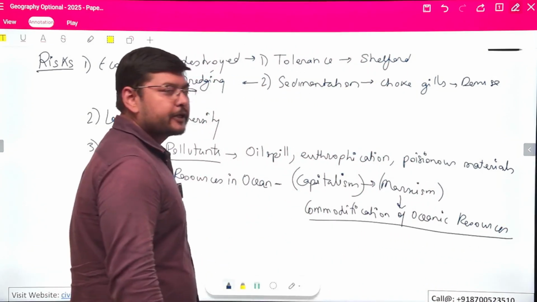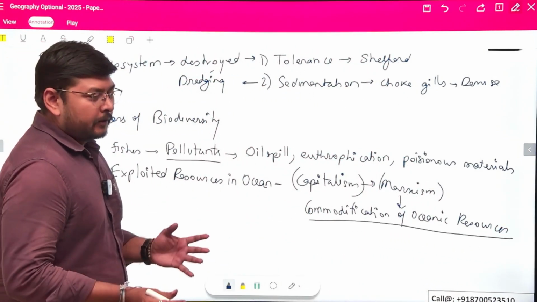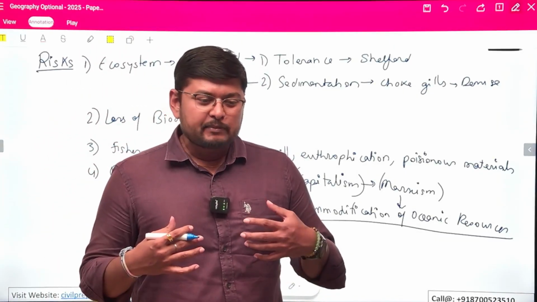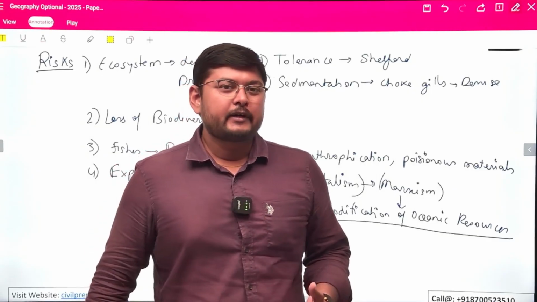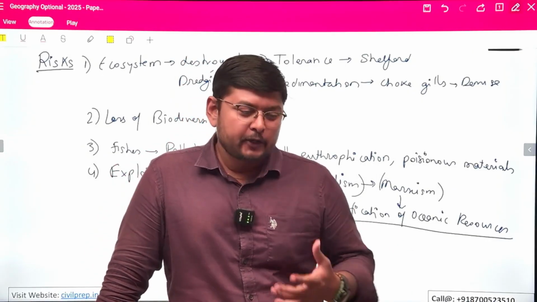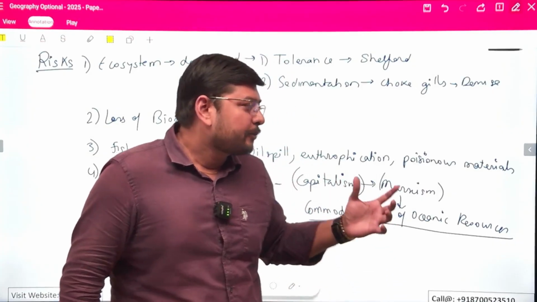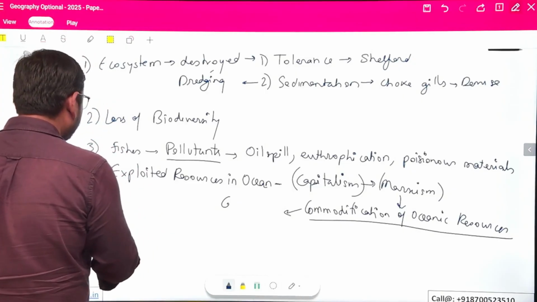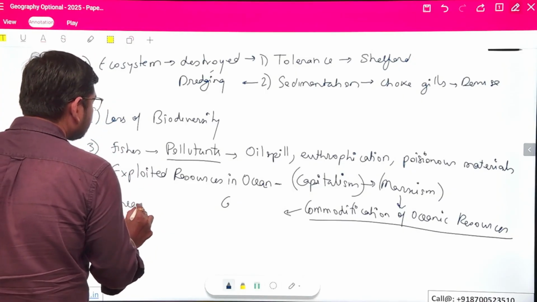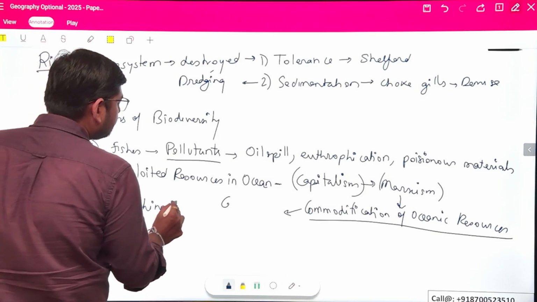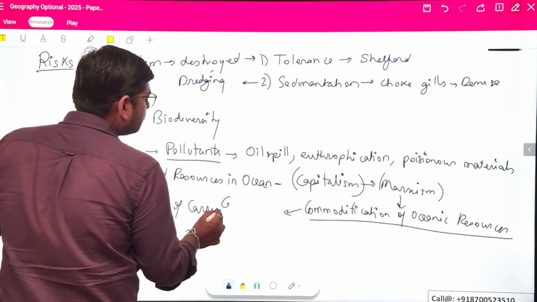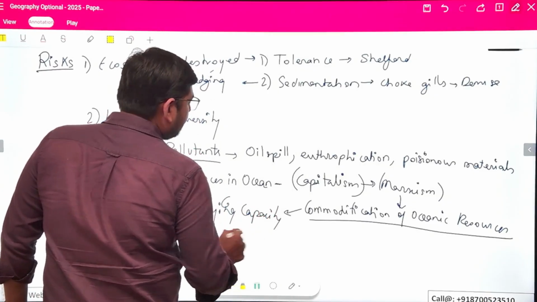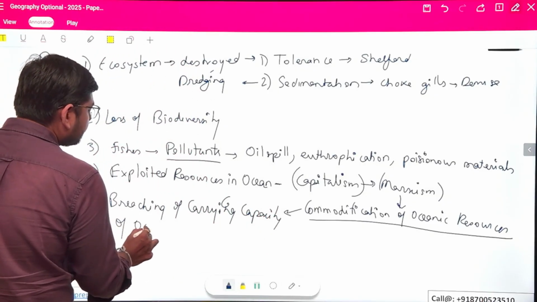So this commodification of oceanic resources will result in not taking out the resources which are required, but taking out the resources as per the development of capital, or the accumulation of resources or accumulation of capital. So this will again bring us to a carrying capacity point, where we will be looking at the breaching of carrying capacity of oceans.